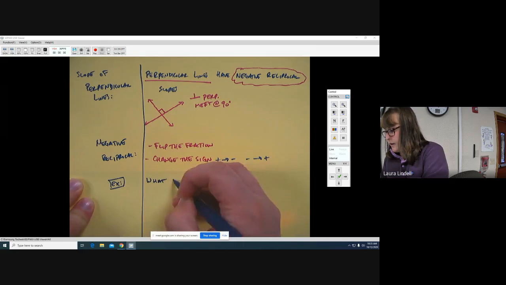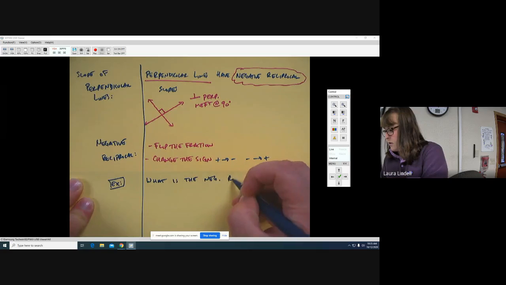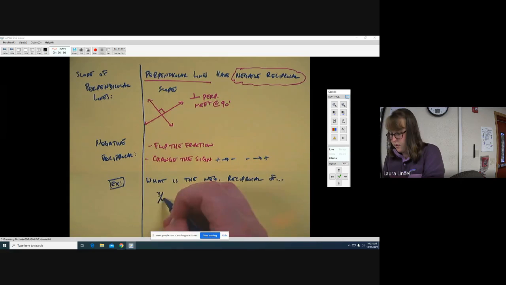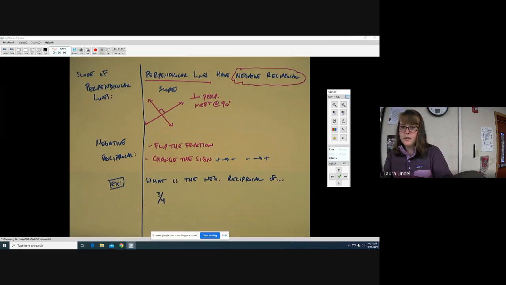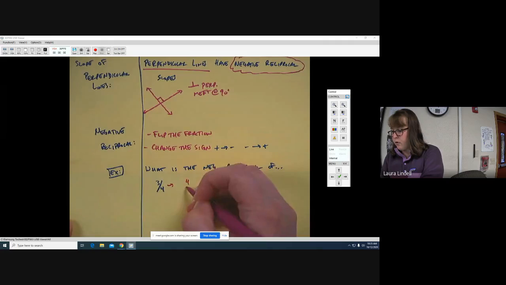So for example, what is the negative reciprocal of 3/4? Well, we have to flip the fraction, right? So it becomes 4/3.